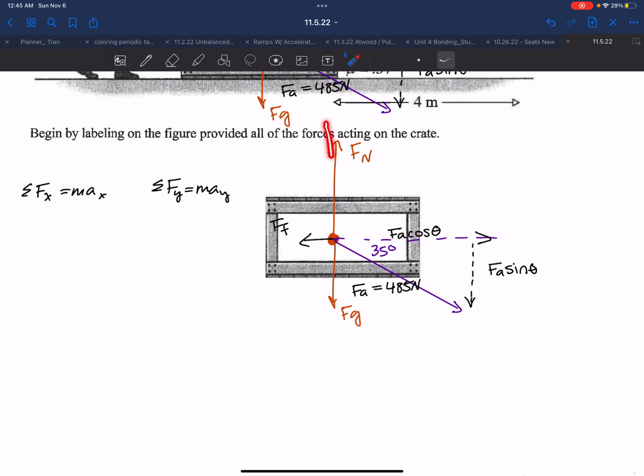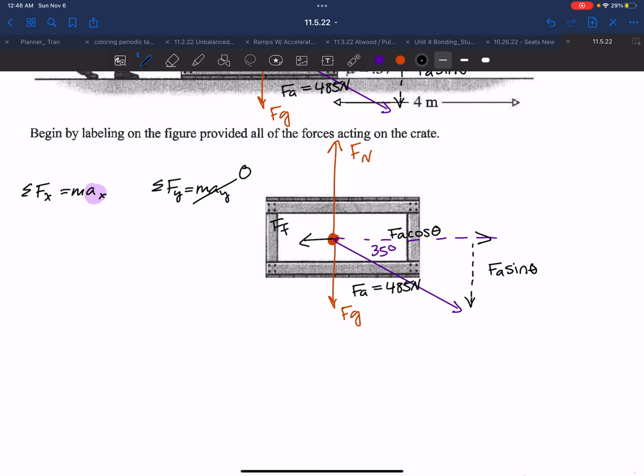It is not being pushed up and down, even though there is a diagonal force being applied. Overall, the box is traveling to the right. So forces in the y direction is going to be equal to 0 because acceleration in the y direction is equal to 0. So I know that I need to find acceleration so that I can use my UAM equations.